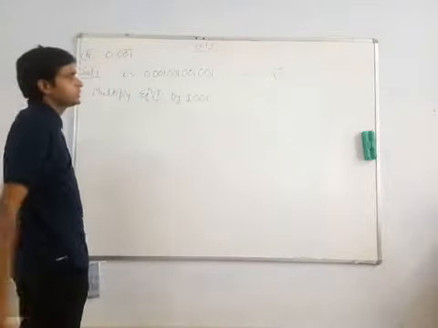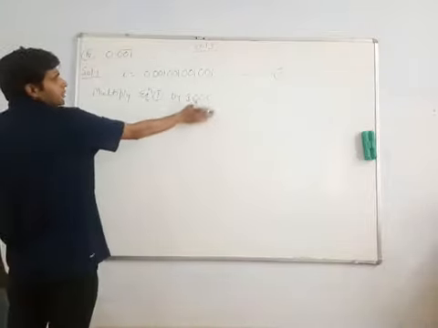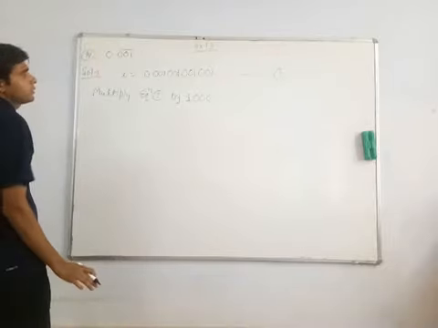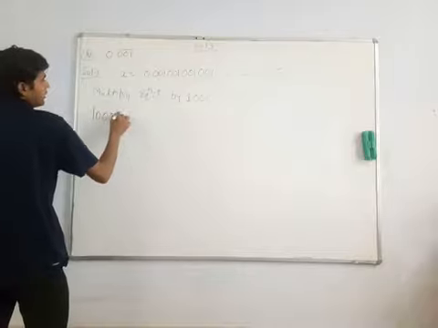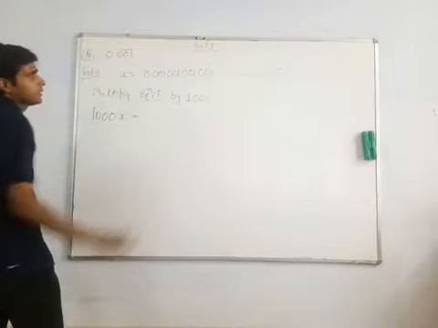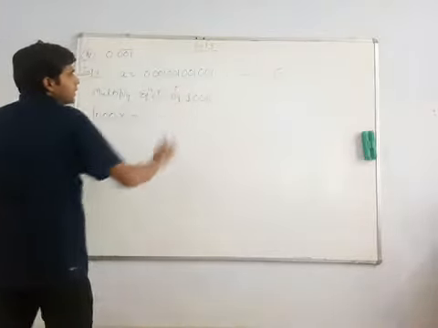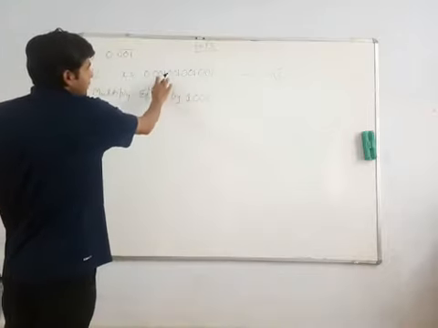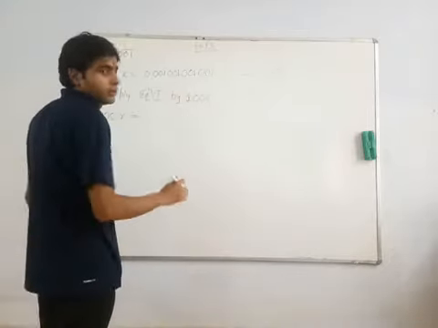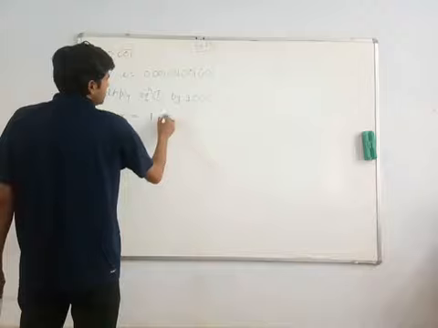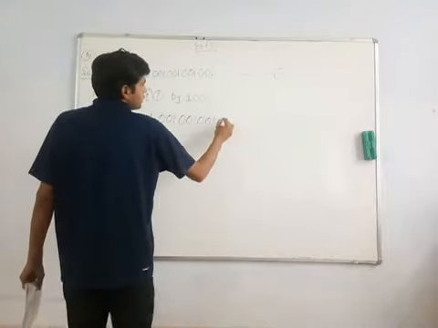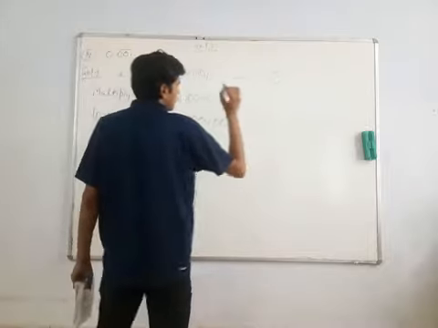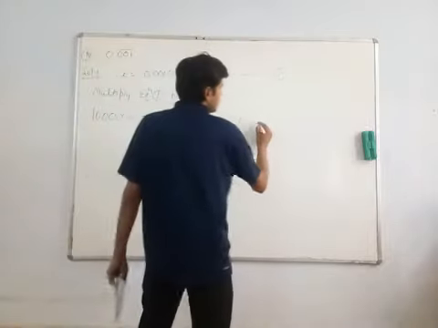So if you multiply equation first by 1000, 1000 multiplied by x is 1000x, and 1000 multiplied by 0.001 is 1.001001001001. This is equation 2.